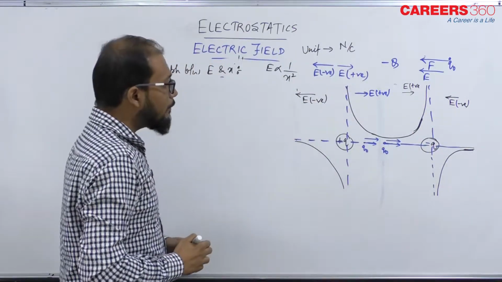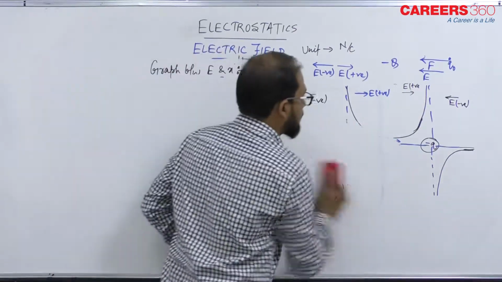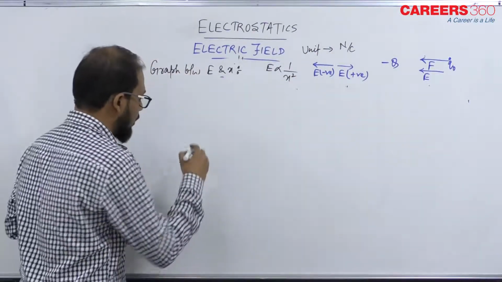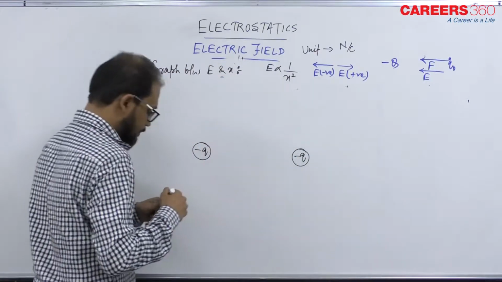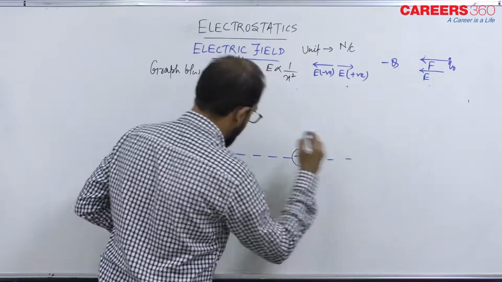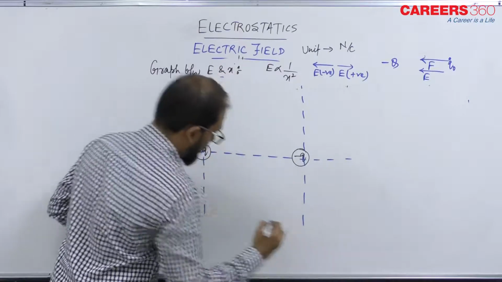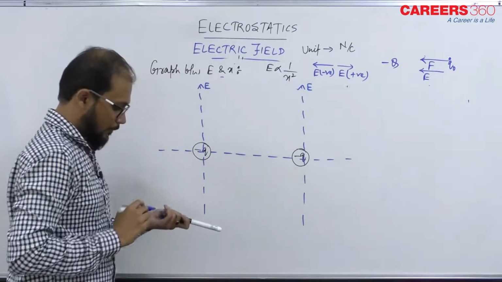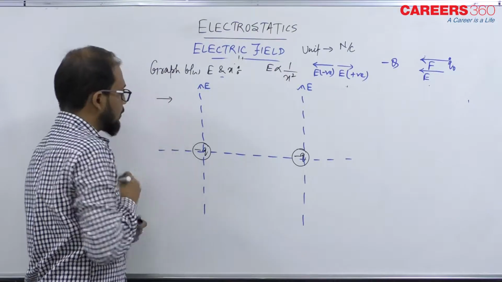Now what will happen if we take both minus q charges? Here minus q charge is present and here minus q charge is present. Now this is E and this is E. Now here, since this is a negative charge, the electric field will be towards the charge.